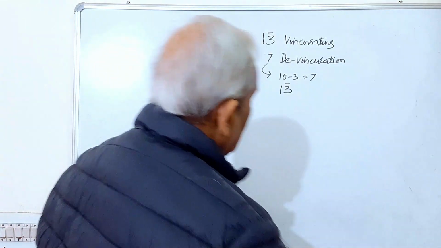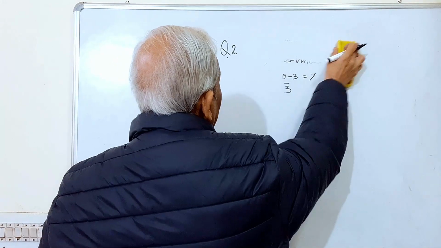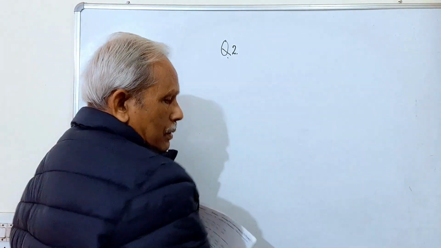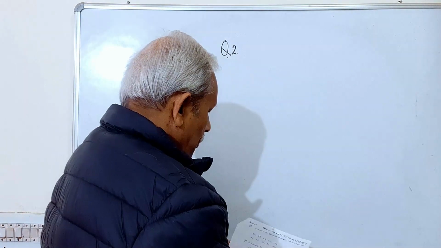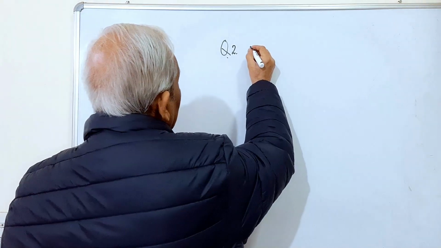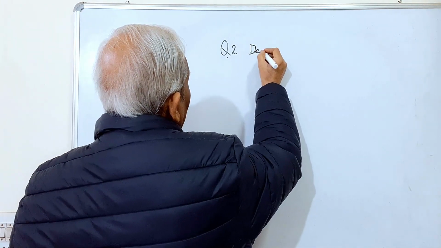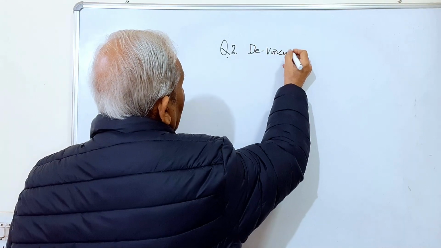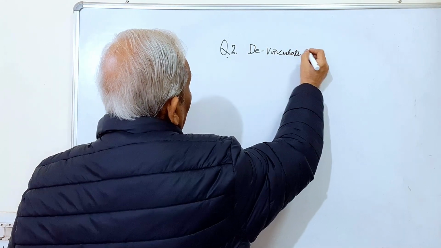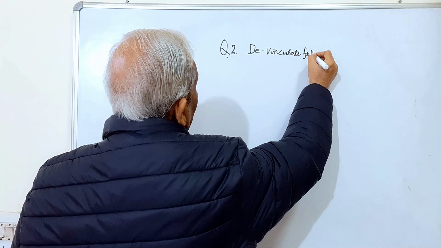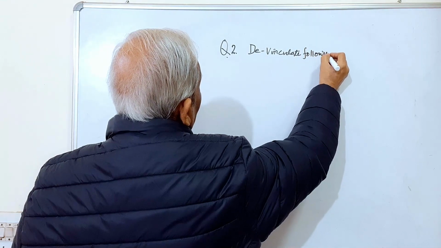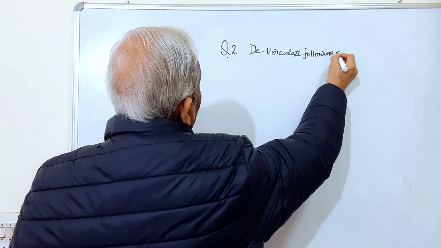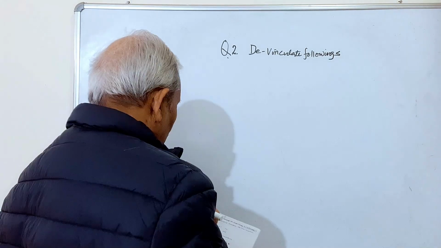So I'll give you some questions to devinculate the bar numbers. We have to devinculate the following numbers.